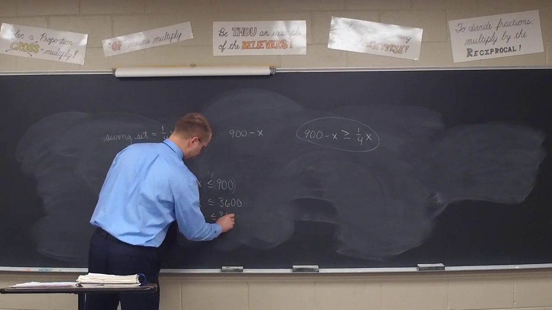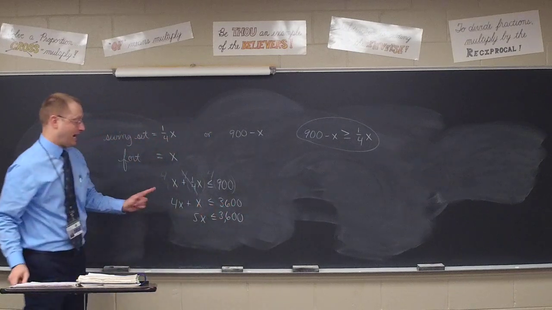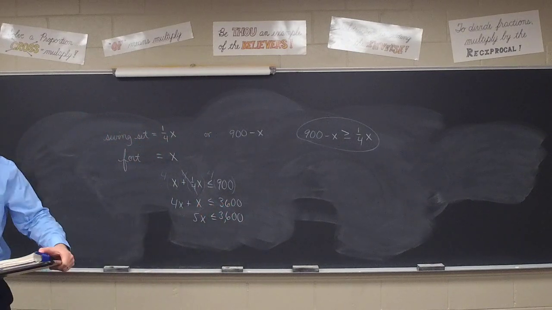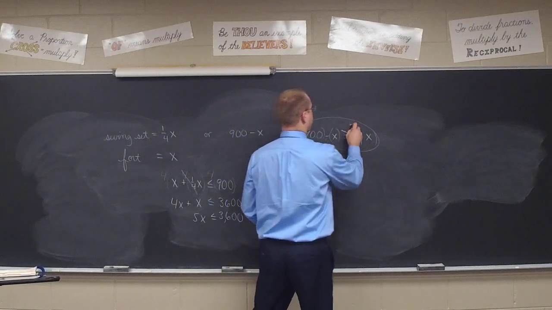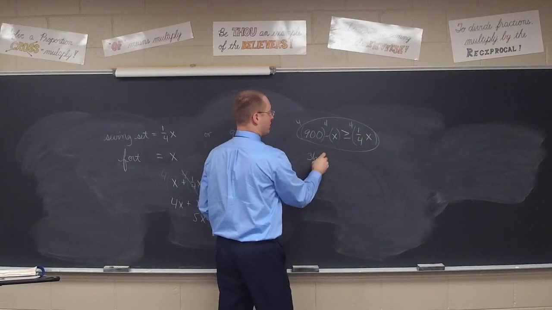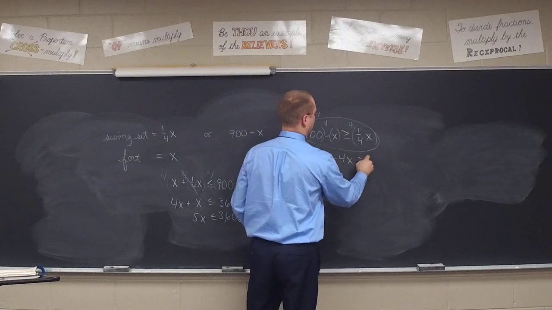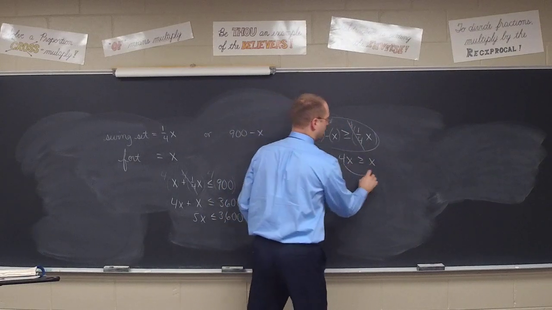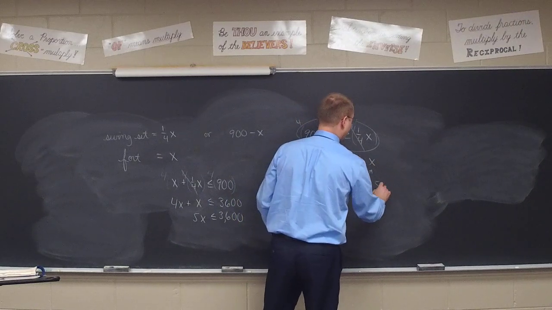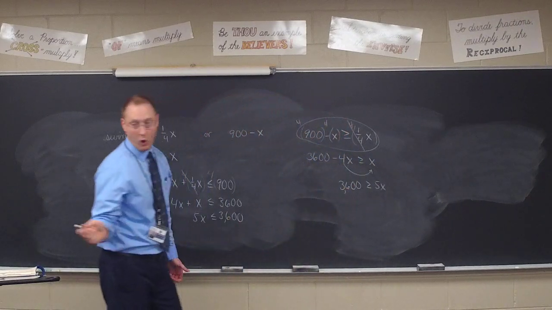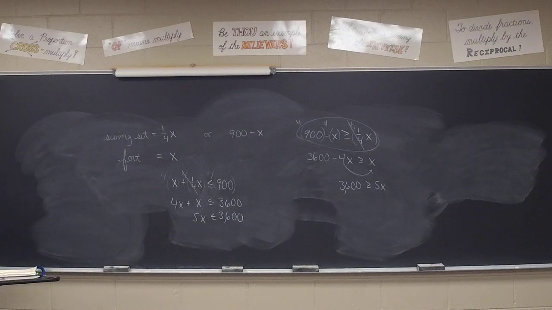Now, the nice thing is, the way Kyla approached it, the x's were already together and combined easily. Curtis, you're going to get to the same point when you multiply everything by 4, right? You get the same 3,600, but you'll have a negative 4x greater than or equal to x, and you'll have to move the x over to get the 5x. Hers were already together, but again, it doesn't make one right, one wrong. They're both correct ways of thinking.